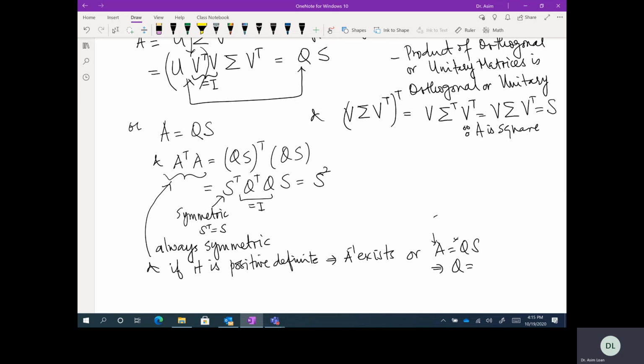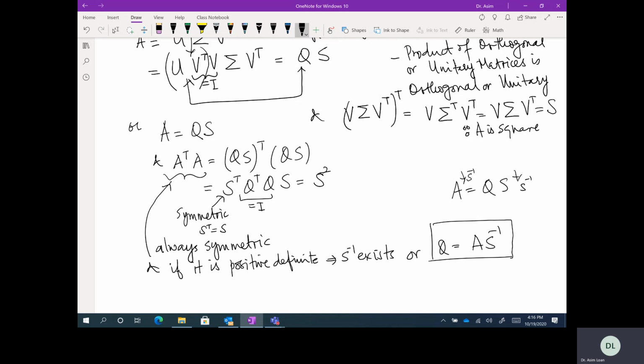So S inverse exists, and since A is equal to QS, if I multiply S inverse on the right on both sides, Q equals A times S inverse.